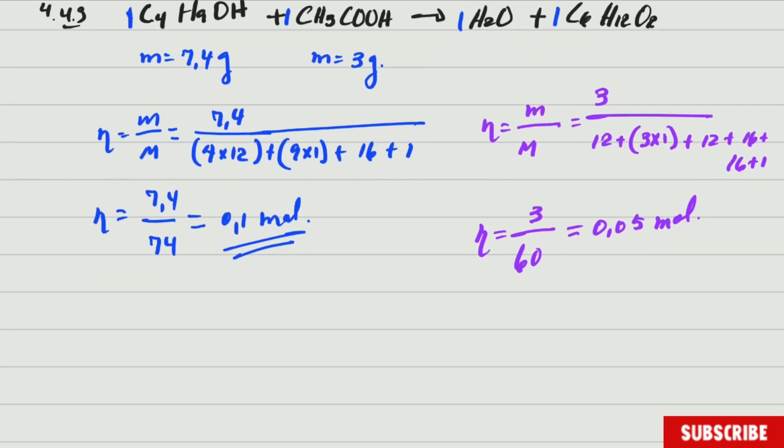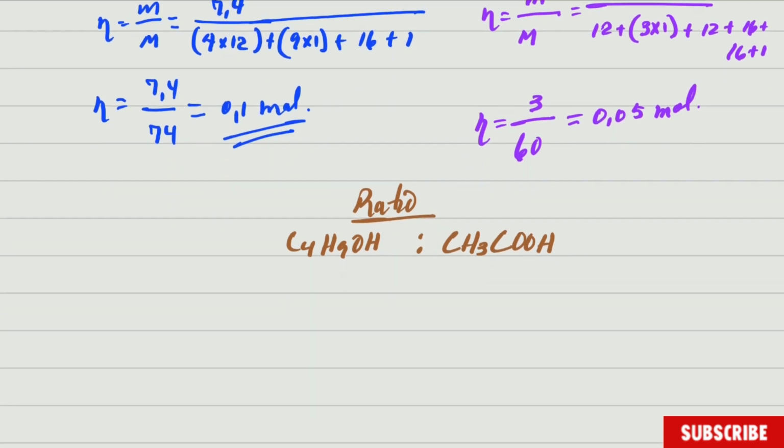So if you use the ratio here, guys, the ratio of the alcohol and the acid is 1:1. So we're going to substitute either one. For instance, if we have 0.1 mole of the alcohol, how much acid do we actually need to use up all that alcohol?